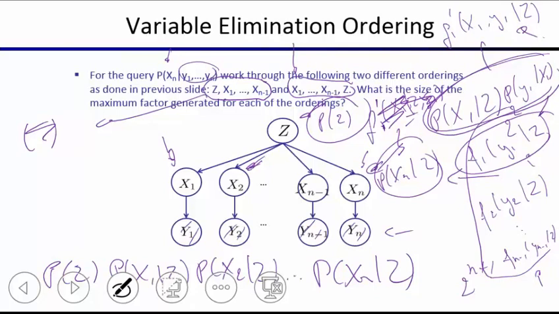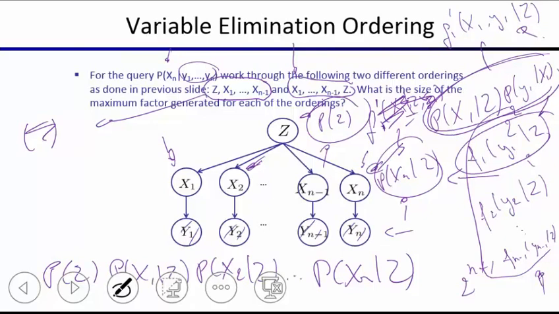Yes? Can you explain again what you said about the y variant? It's not about how many factors. Okay, so let's think about what happens when we join together all factors that involve z at the very last stage here. There is pz, there is x1 given z, and then there are all these factors that we computed, right? If we want to compute 1 entry in that table, what entries do we need to compute?